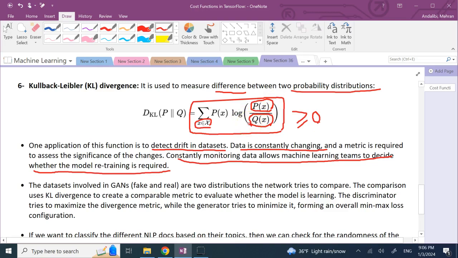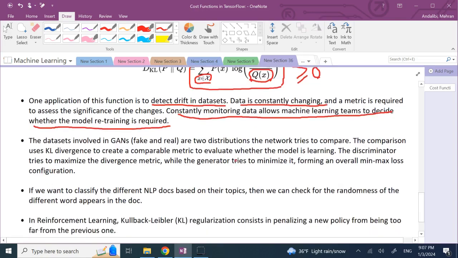You might need to retrain your network that suggests these ads or videos, or the younger generation is now looking at them instead of a slightly older generation. So this will help you see whether the probability distributions of the videos or ads you suggested have changed significantly compared to last year, and if they have, then you have to retrain the system.